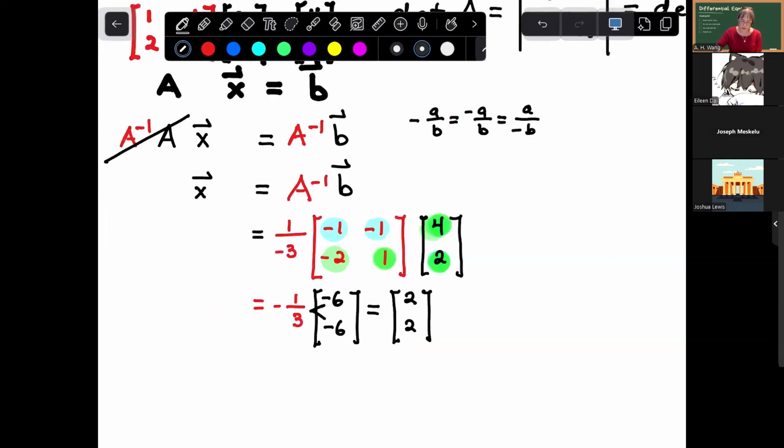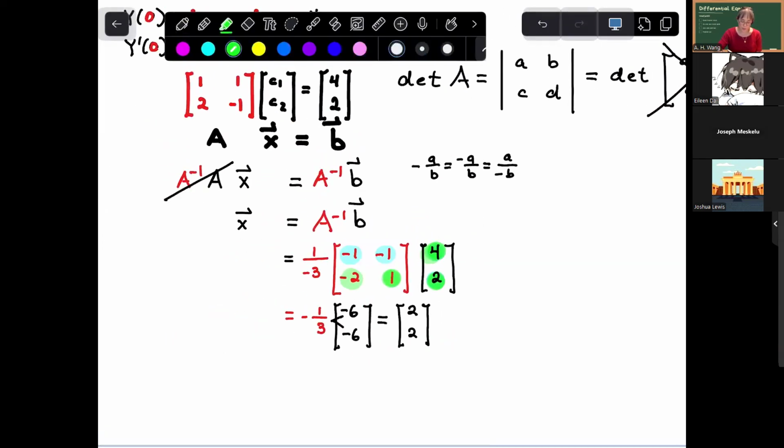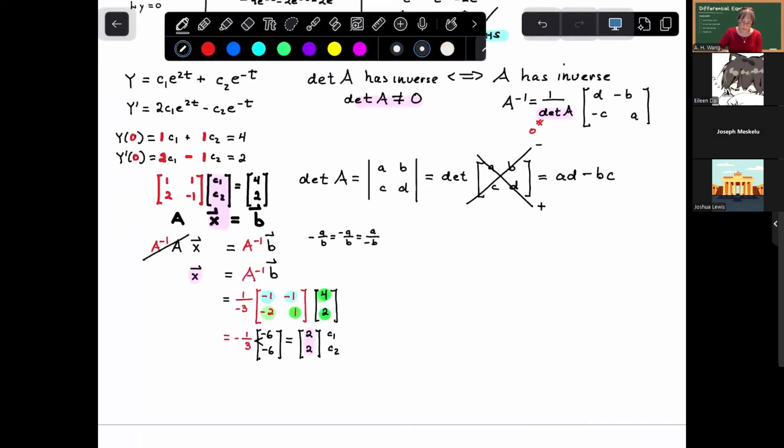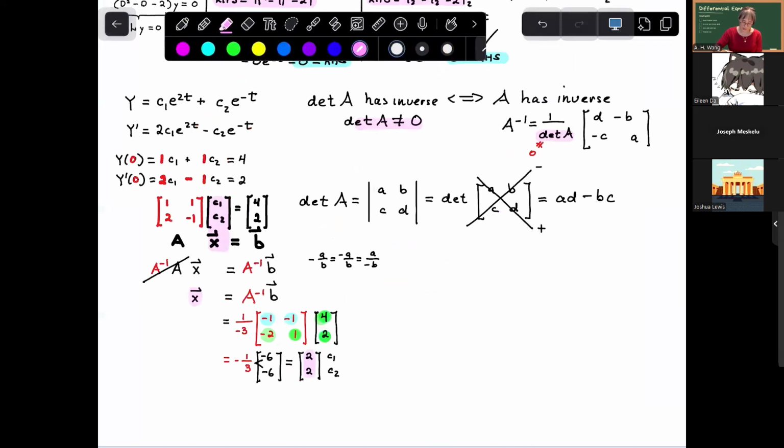And what is that 2, 2? Remember, what we're trying to figure out is the C1, C2, and the C1, C2 is the X. So this right here is the final X, and this is the C1 and the C2. Now we finally figured out the answer, and we're going to take the C1, C2 and put them in here.